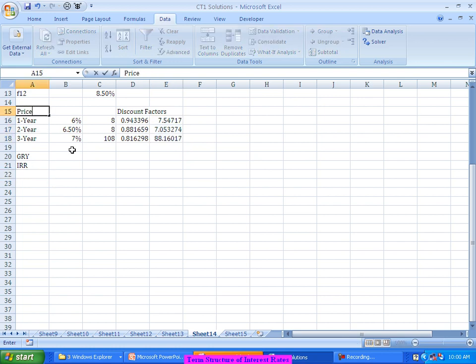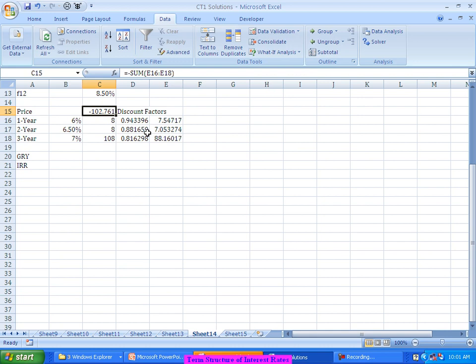The price of the bond, which is also called a no arbitrage price, is equivalent to the summation of all these 3. If I have to find out the no arbitrage price for this, it is around 102.76.